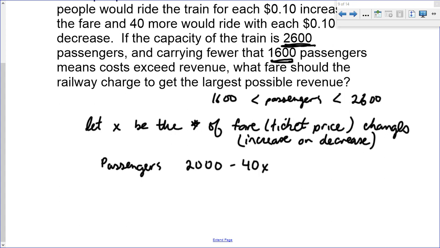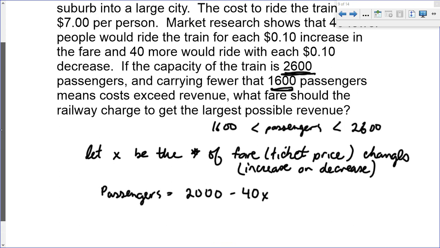So let's say I decide to make 2 increases, so x would equal 2, it's going to result in 80 fewer people. The 2 would go in here, take away 40 times 2, so that's a negative 80. So from 2,000, I'd lose 80 passengers here. Does that make some sense?